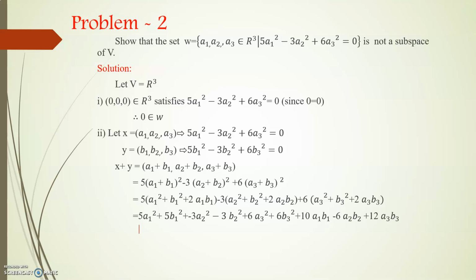Now multiplying the cross terms a1b1, a2b2 and a3b3, we get 10a1b1, minus 6a2b2, plus 12a3b3. We know that 5a1 square minus 3a2 square plus 6a3 square we have separately, so instead of that we can substitute 0.